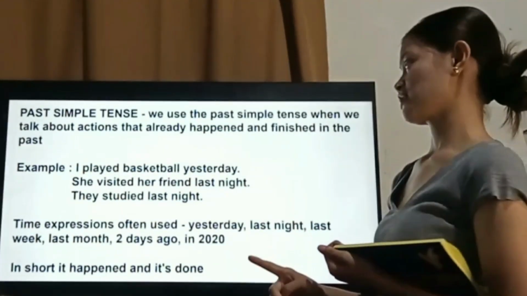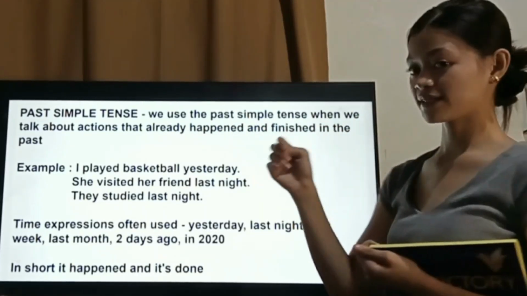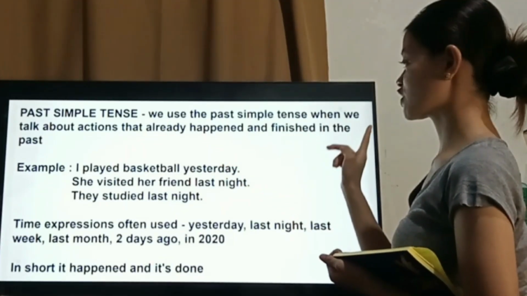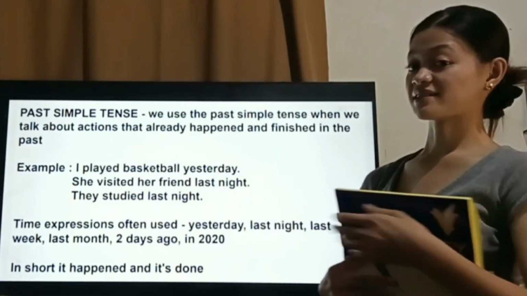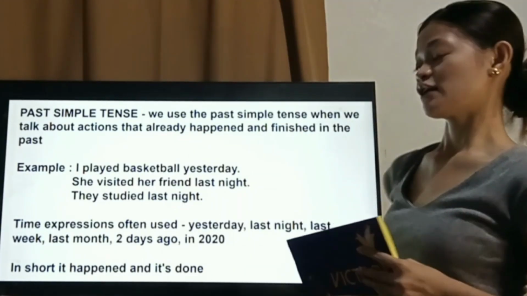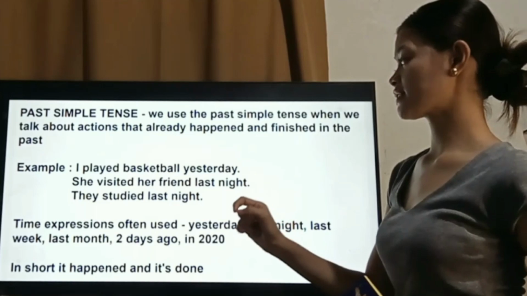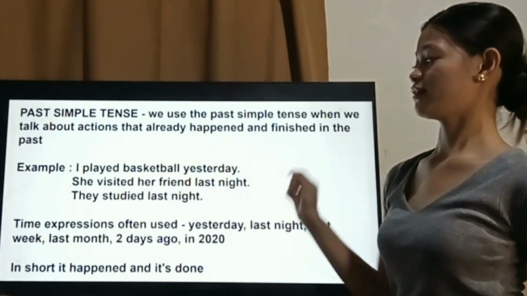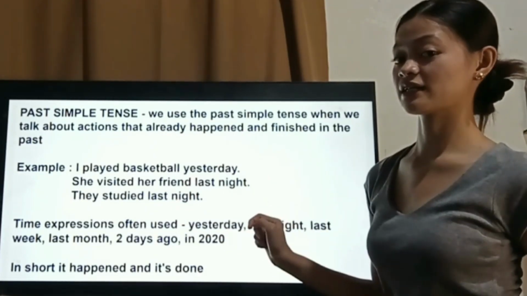Past simple tense. We use the past simple tense when we talk about actions that already happened and finished in the past. For example, I played basketball yesterday. So the playing is done because I played basketball yesterday. Second example, she visited her friend last night.